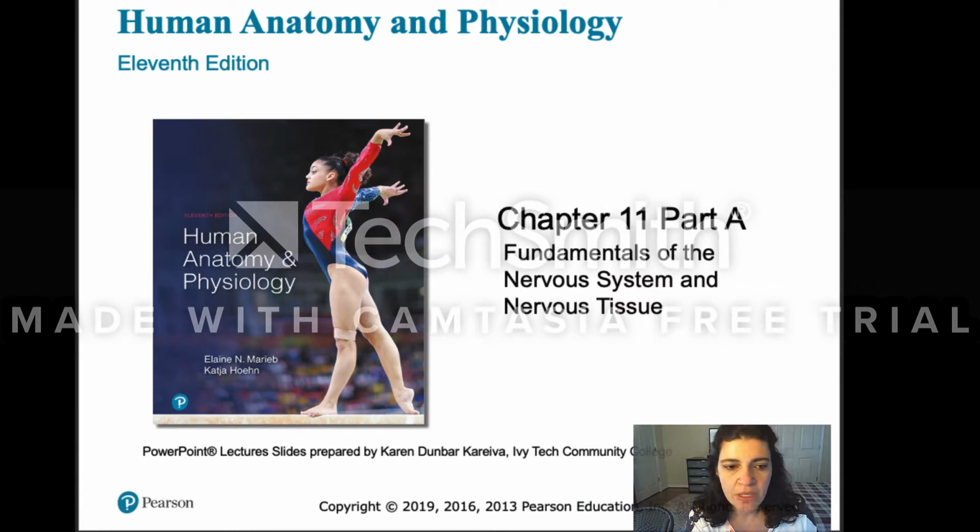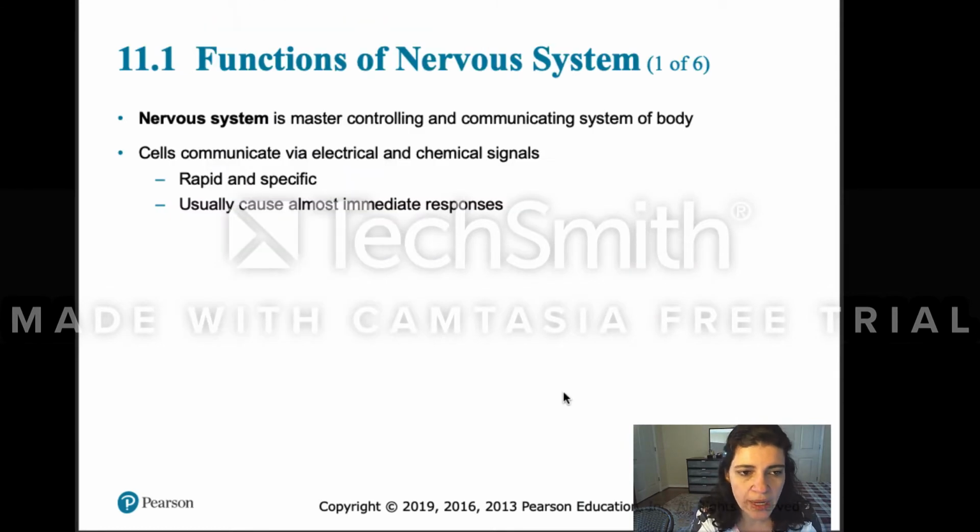So let's start by talking about what the nervous system is. It's the master controlling and communicating system of the body. So anything that you do cannot be done without the nervous system.